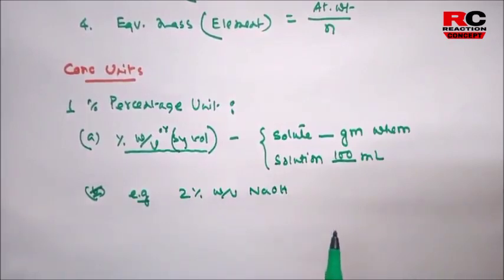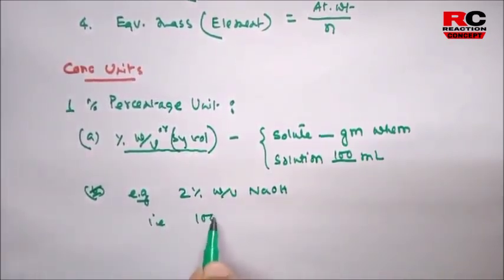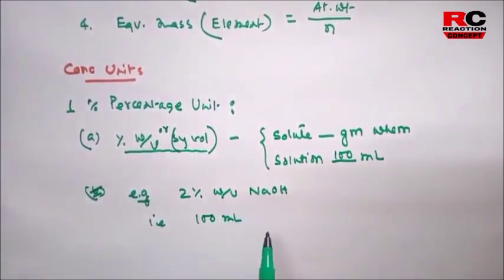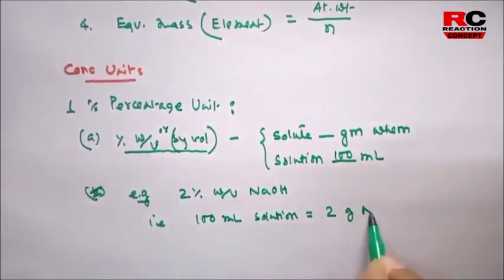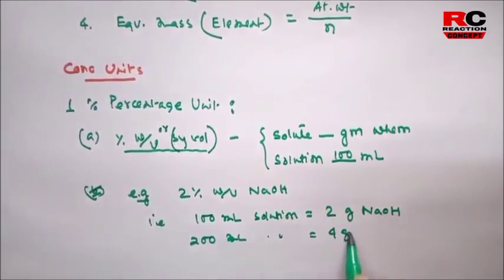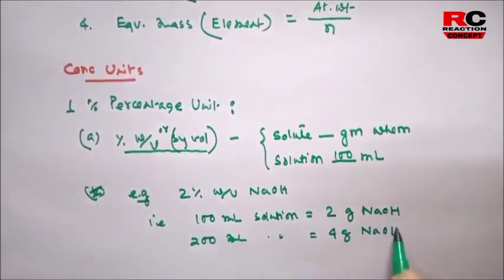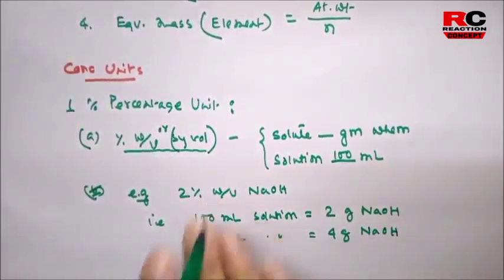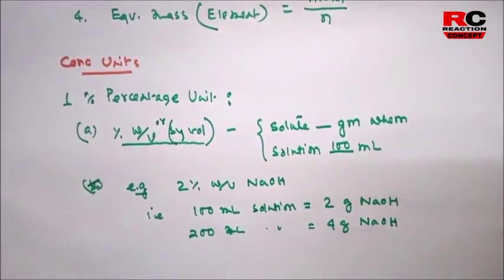Okay, this means 100 ml of solution of sodium hydroxide will contain 2 gram of sodium hydroxide. Therefore, 200 ml of solution will contain 4 gram of sodium hydroxide. Okay, this is how percentage units are expressed.